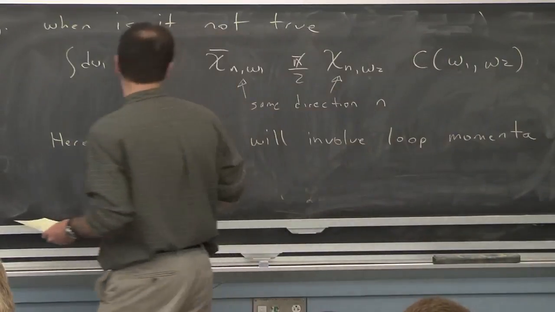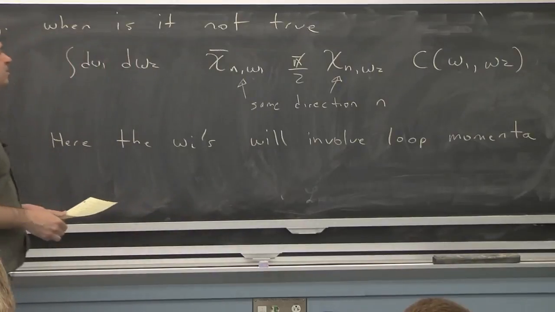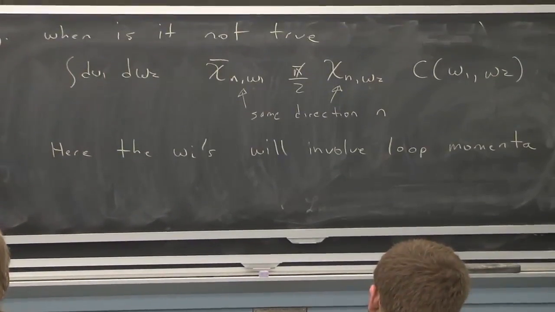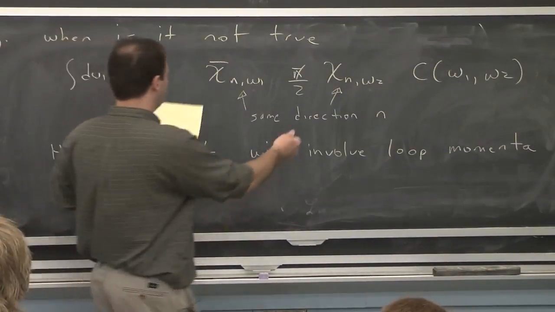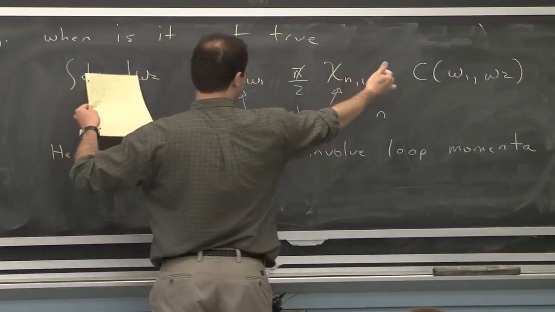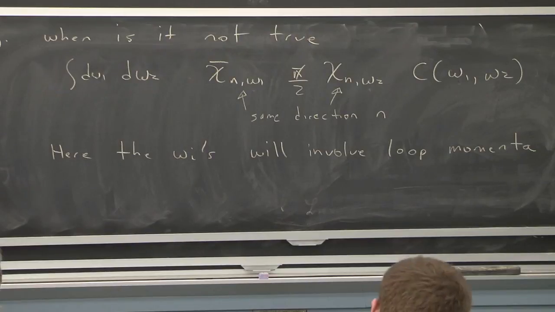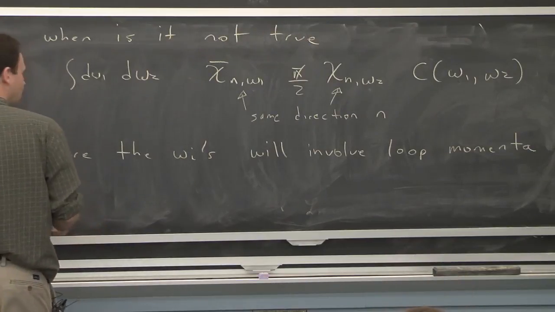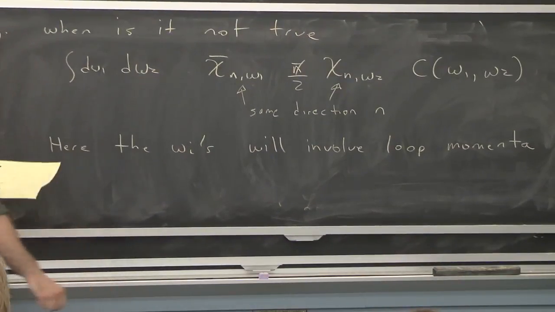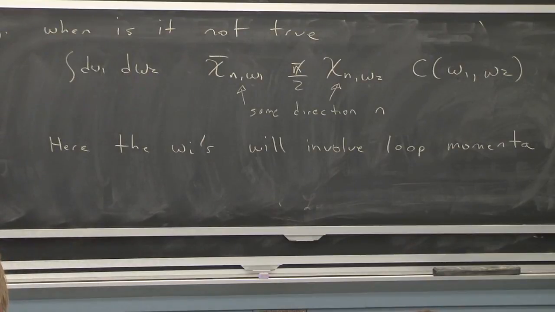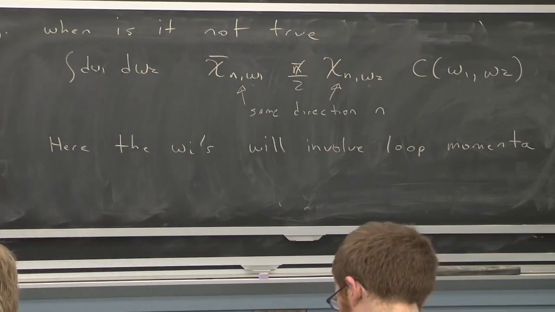Actually, it turns out that one combination of the W's is still fixed by external kinematics. And so there's an overall delta function on this product. That would be fixed, and then some difference of these W's would not be fixed. That's the true story, but at least one combination is going to involve the loop momenta.